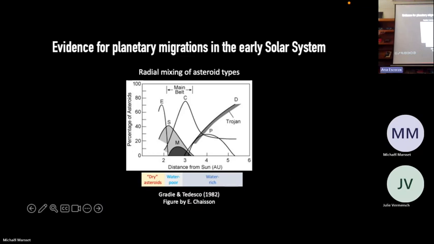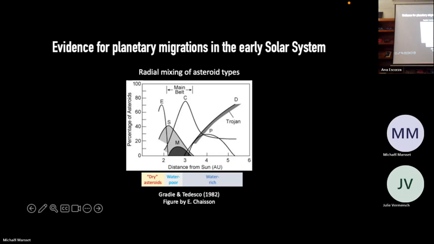Each type is dominant, in numbers and also mass, at a given distance from the sun. But you can also see this overlap. This compositional gradient was inherited from the protoplanetary disk, but the overlap of compositional types is because of Jupiter migrating and scattering objects around.